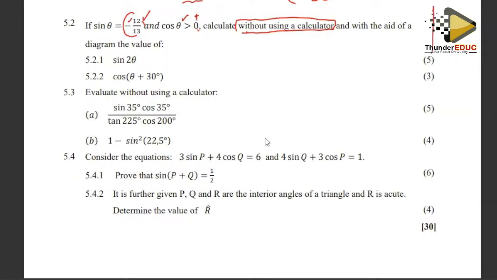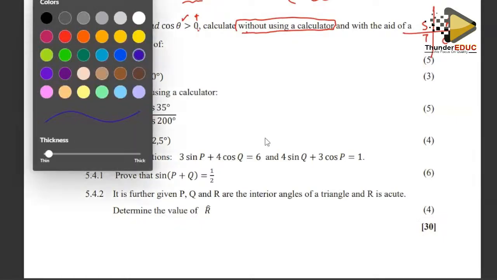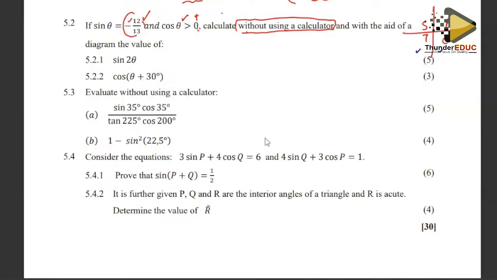So we need to find the quadrant. Okay, so the CAST, and we are saying the sine is negative in quadrant 3 and 4, but cos is positive in quadrant 4. So meaning that our sketch needs to be somewhere here.